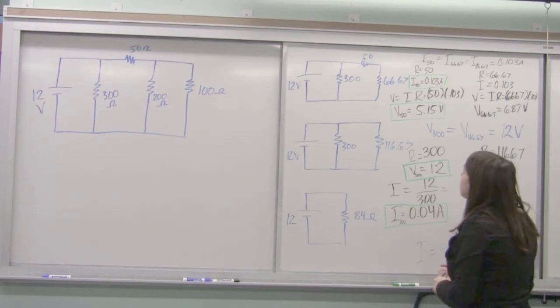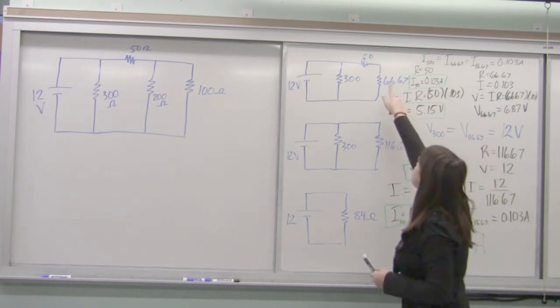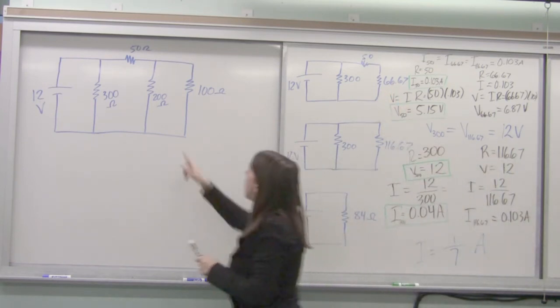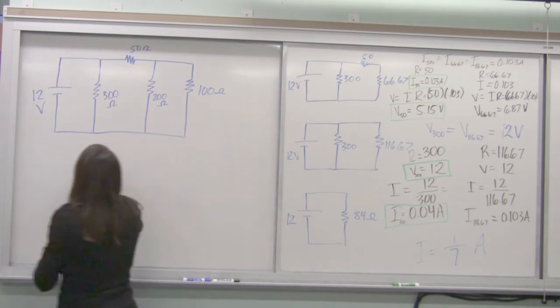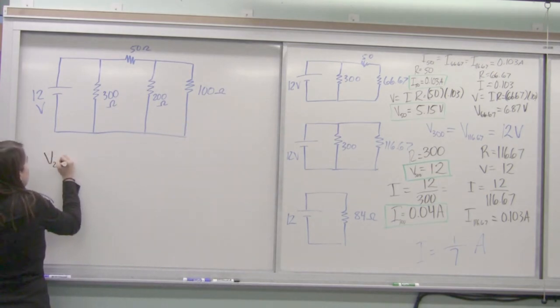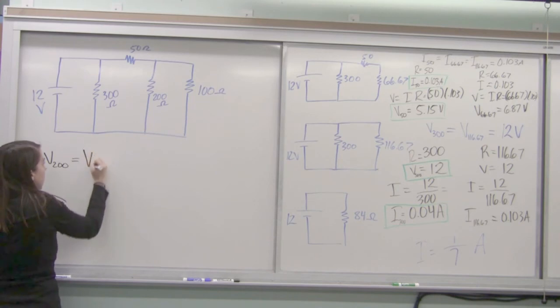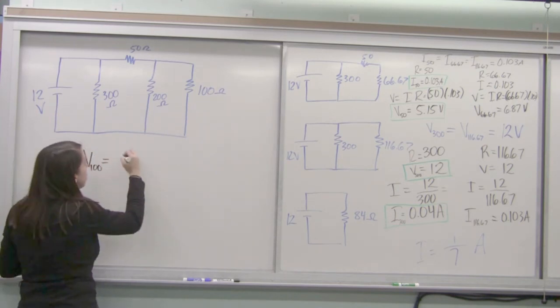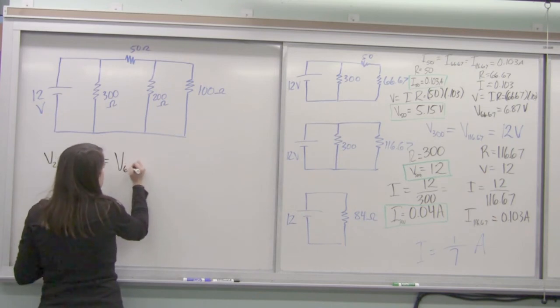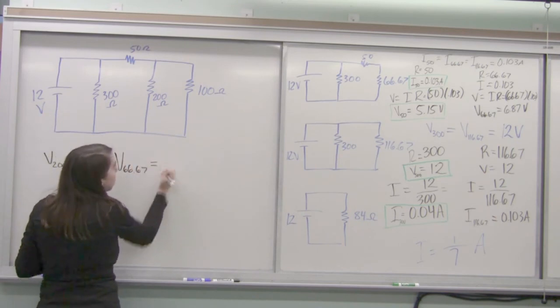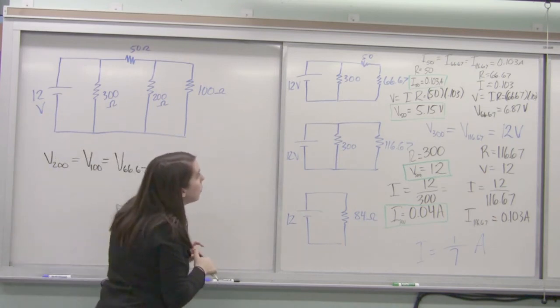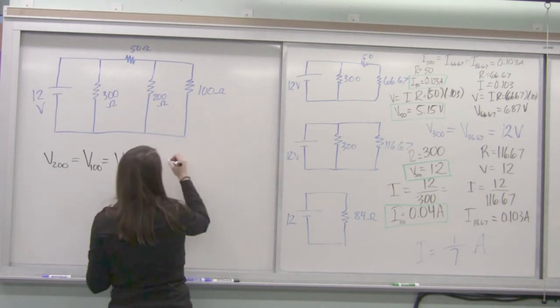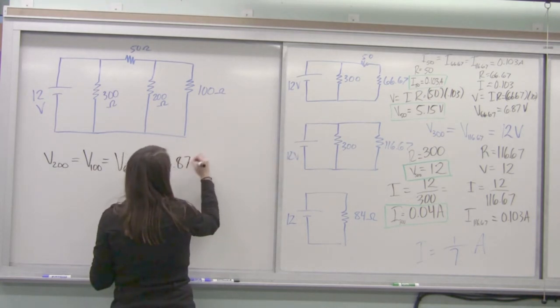Okay, let's work backwards one more time. So now we are down to this 66.67. These two are in parallel, so I know the voltage drop across the 200 is going to be equal to the voltage drop across the 100, which will be equal to the voltage drop across its equivalent, the 66.67, which is equal to 6.87 volts.